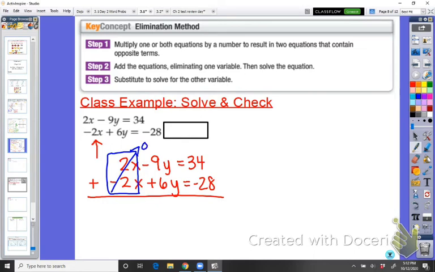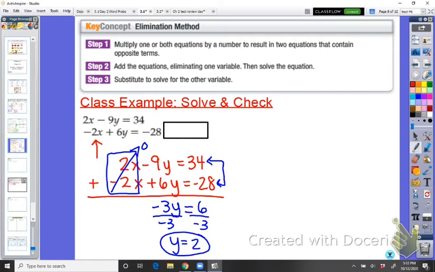If you combine your y terms, you have a negative 9 plus a 6, which gives you a negative 3y. And you do have to put these two together as well. So 34 minus 28 is 6. And then a little easy one step, divide by negative 3. Y is negative 2.